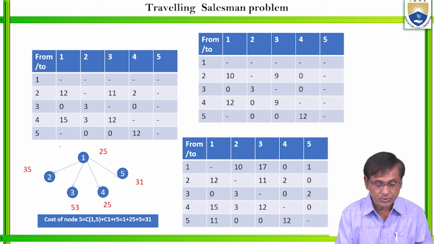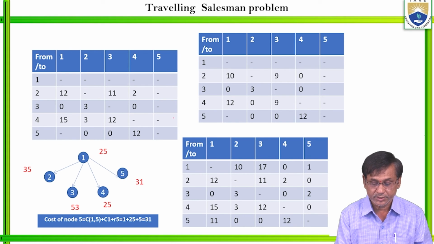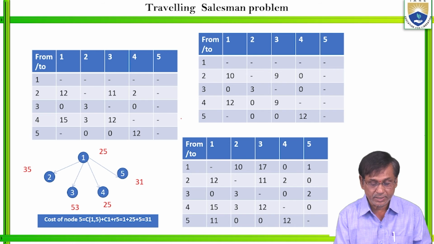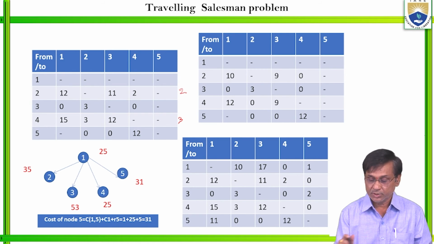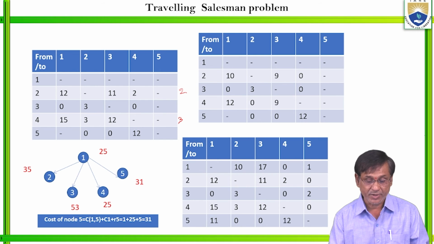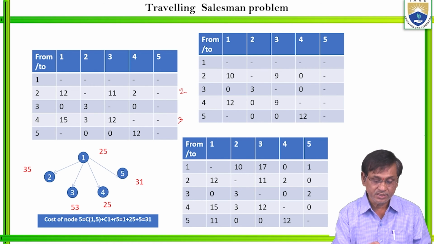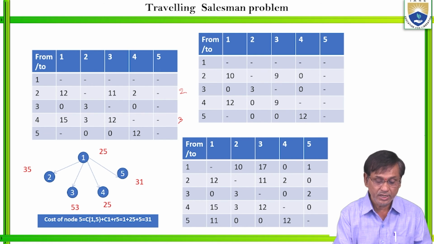So here, any possibility? This is the modified matrix. In this case we can reduce it: 3 is the minimum, so we can write 3 here, and here we can write reduce 2, because this is the reduced matrix. After that, this is the modified one.